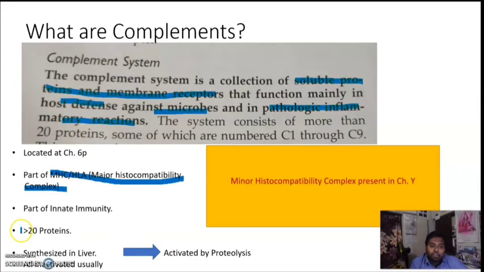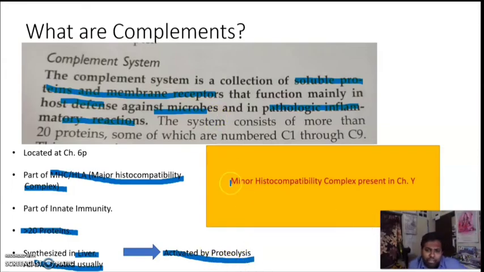There are more than 20 proteins associated with the complement system. Most of them are synthesized in the liver, and they are present inactivated. They are usually inactivated, and due to the presence of any offending agent, they are activated by proteolysis.